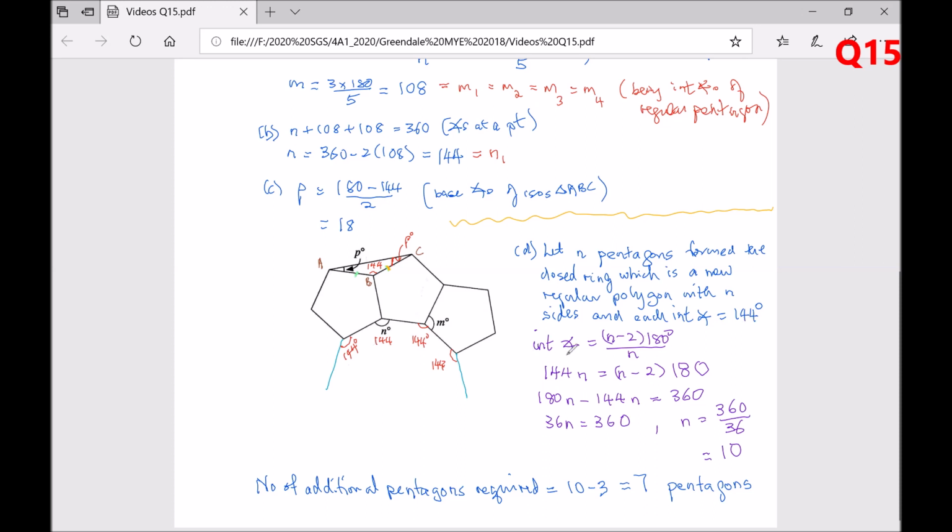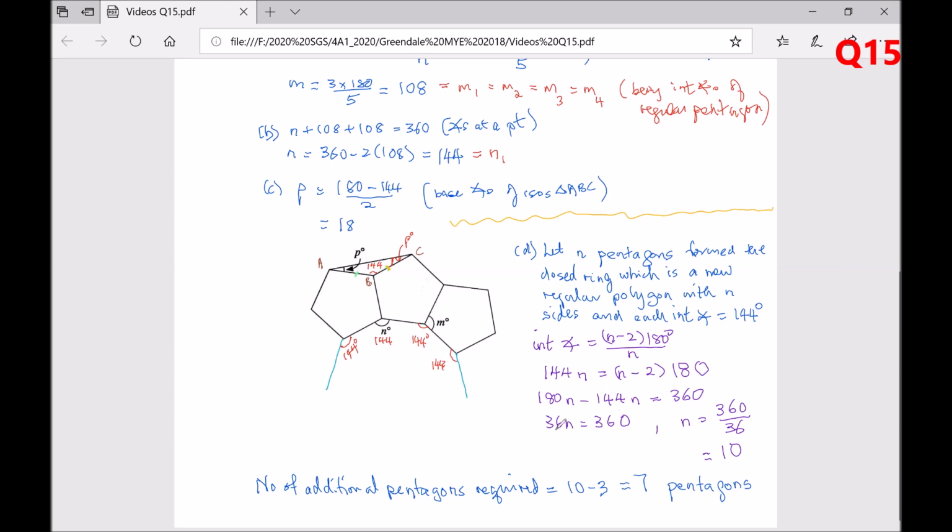Applying the formula again for interior angle, we have interior angle equals (n minus 2) times 180 over n. The interior angle is 144, hence 144n equals (n minus 2) times 180.